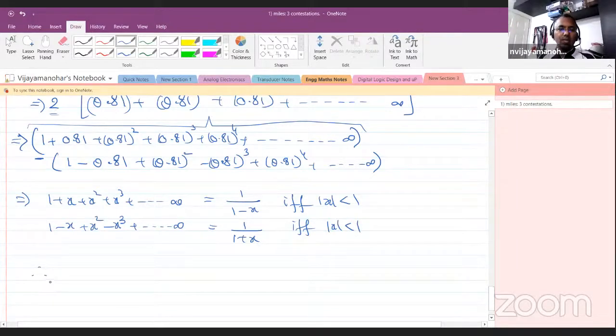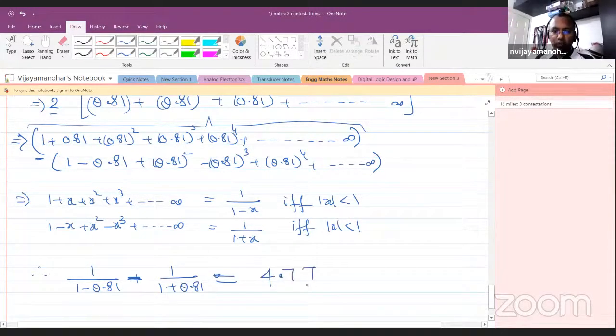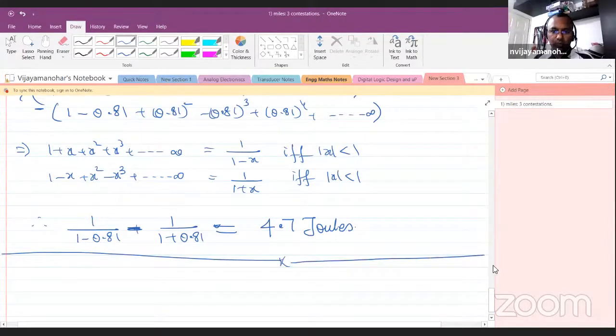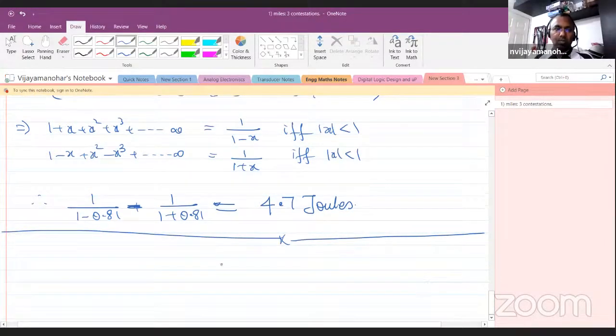So what do I get? The first series will sum up to 1 by 1 minus 0.81. The second series will sum up to 1 by 1 plus 0.81. So if you simplify this, you will get the energy to be approximately 4.7 joules. So let us go to the next problem. This is the answer for problem number 3.